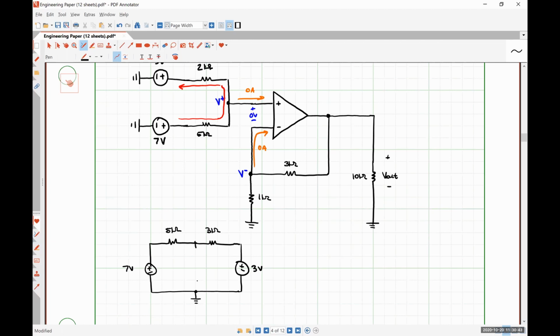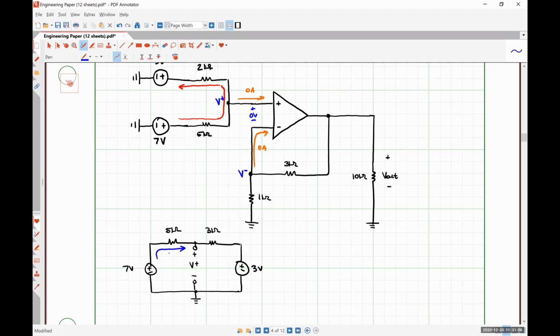And what we're looking for is this voltage drop. There are a couple of different ways to determine it. Superposition would make it pretty easy, but instead, let's simply use Ohm's law and then Kirchhoff's voltage law.